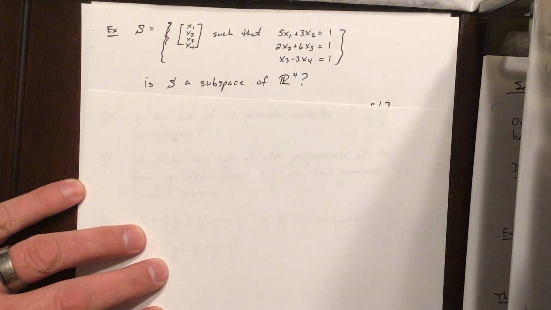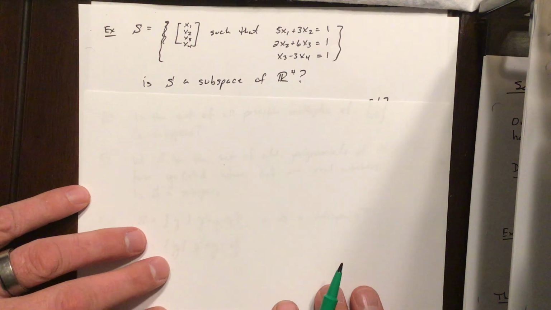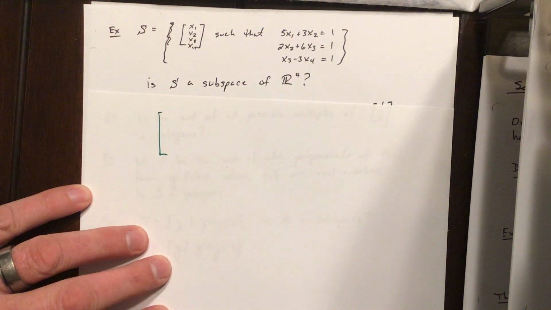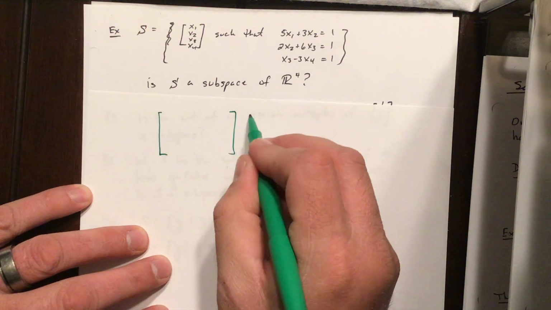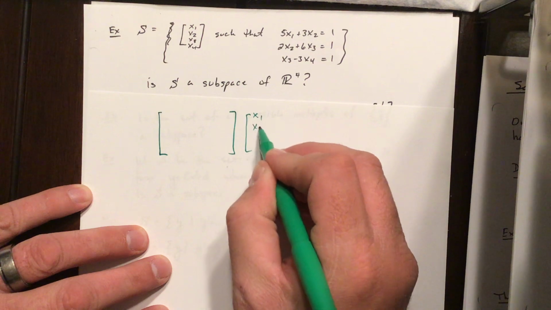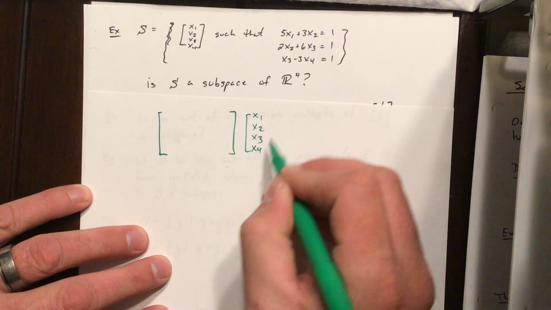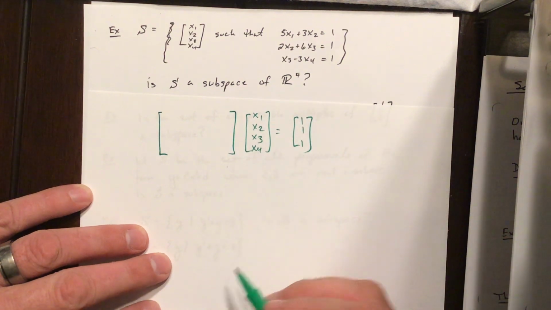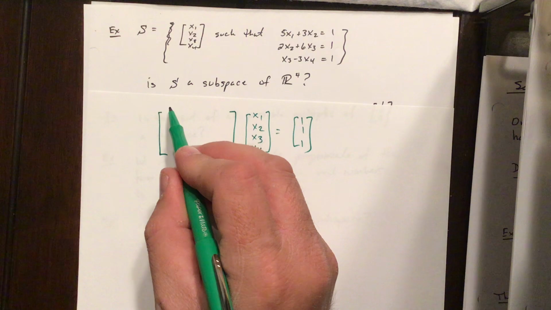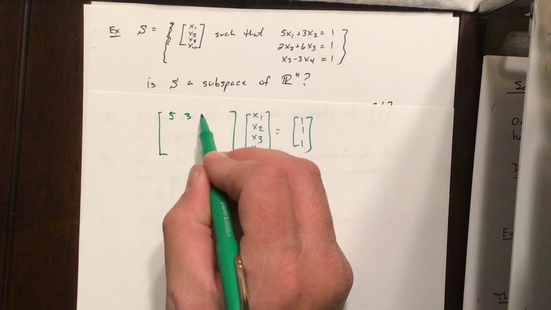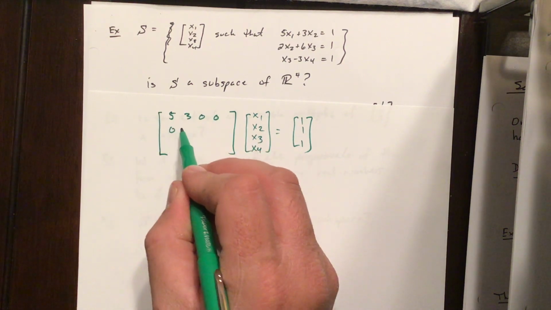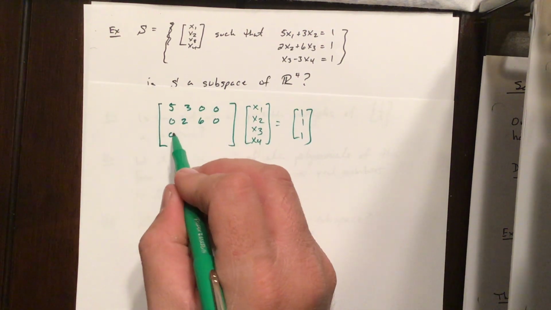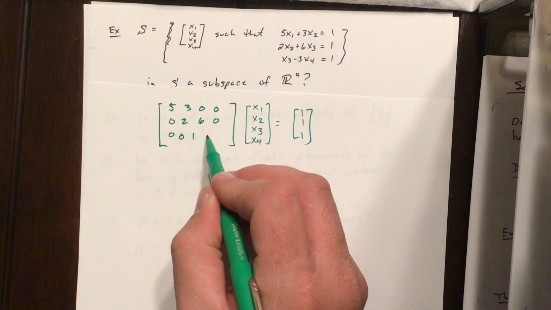They're describing the set of all vectors x1, x2, x3, x4 such that the output is 1, so that's the matrix 5, 3, 0, 0, then 0, 2, 6, 0, and 0, 0, 1, negative 3.